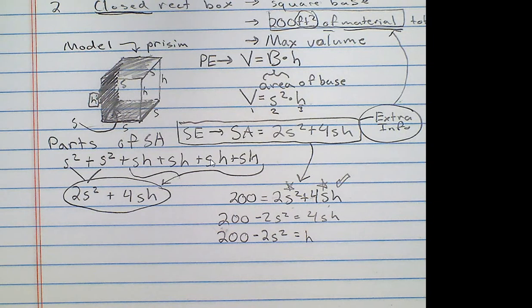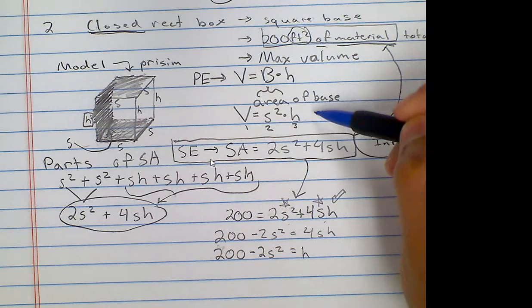So anytime you're given extra information like meters squared, you automatically know your secondary equation is going to have something to do with area. But if you're given centimeters cubed, you know your secondary equation is going to be volume, because cubed is always volume. Okay, because we're maximizing volume, I was wondering why it wouldn't tell you volume? Volume is our primary equation, but that's not what we're going to use here.